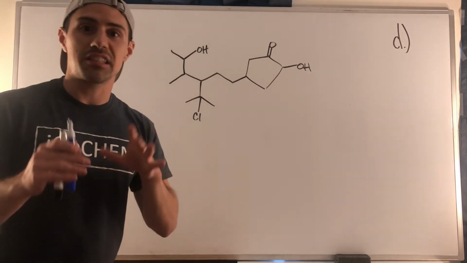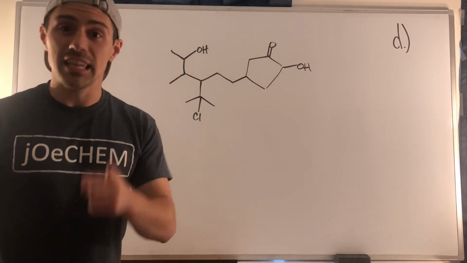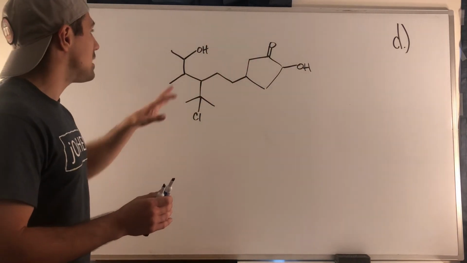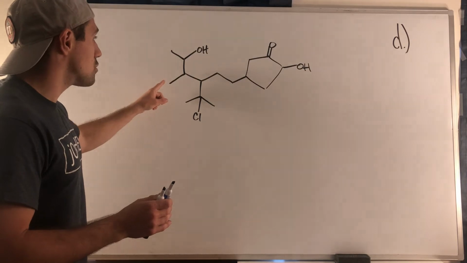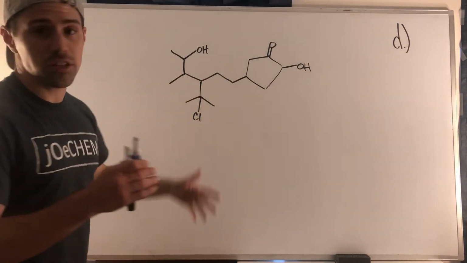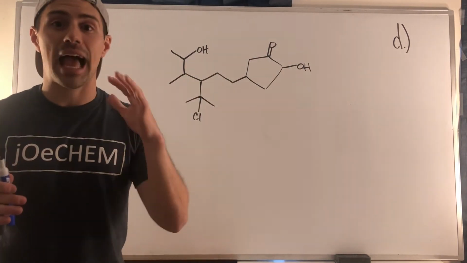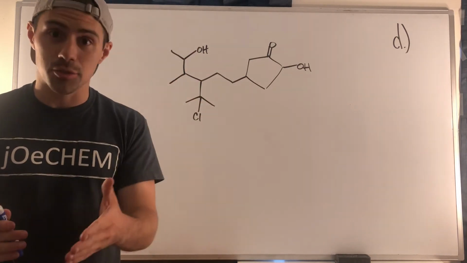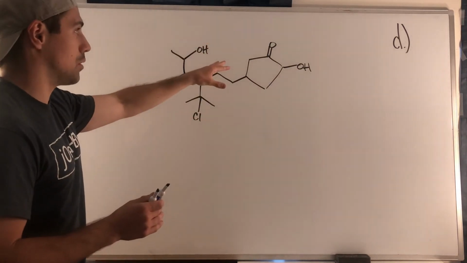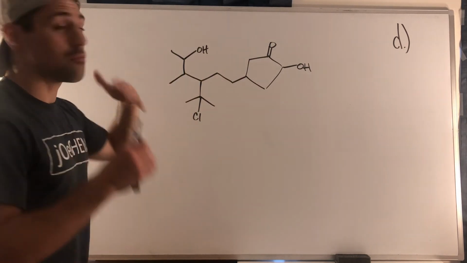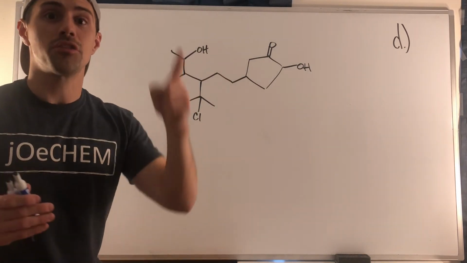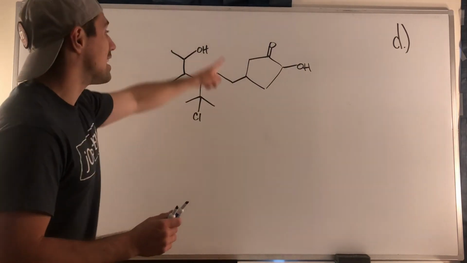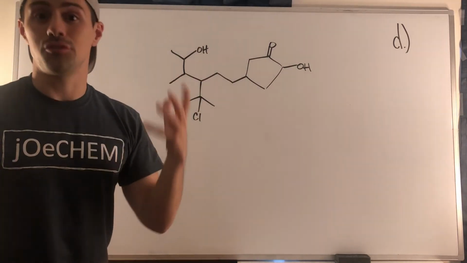Now this creates a unique situation for us because the ketone is a part of this ring. It may have been easier to have this chain and then have the ring as a substituent. In the past, we've always had rings as substituents, but because this ketone is the highest priority functional group, the ring must be our parent chain, which means this is unfortunately one substituent.